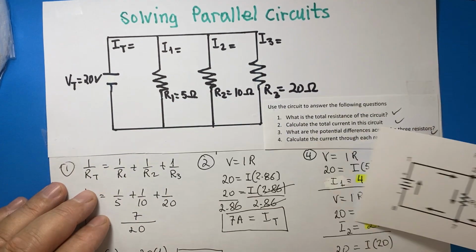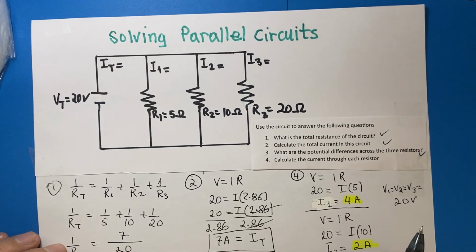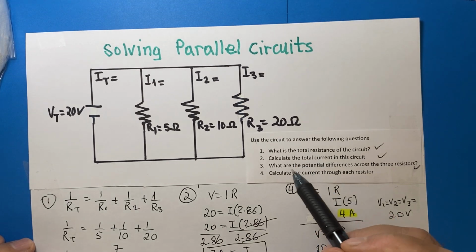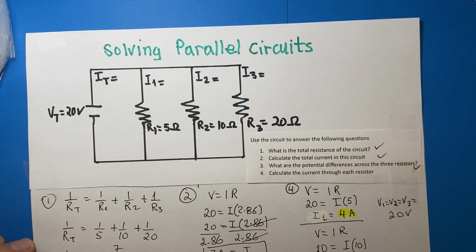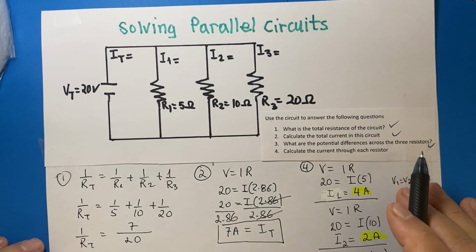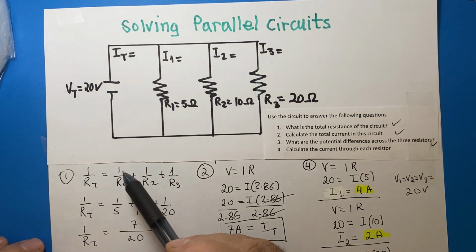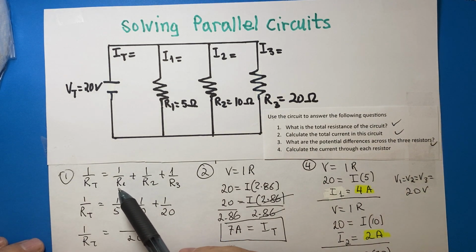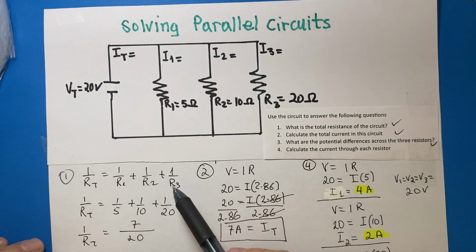Now let's go and solve for this circuit here. Use the circuit to answer the following questions. What is the total resistance of the circuit? 1 over RT equals 1 over R1 plus 1 over R2 plus 1 over R3.